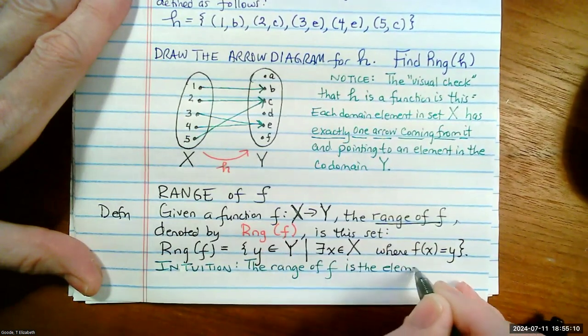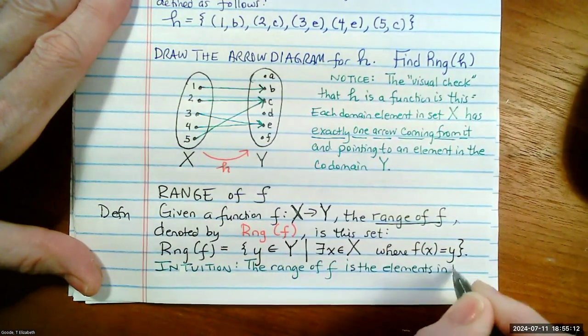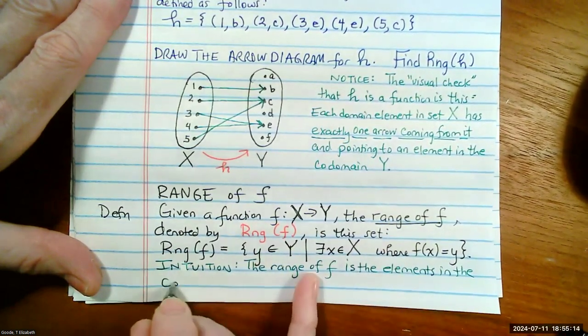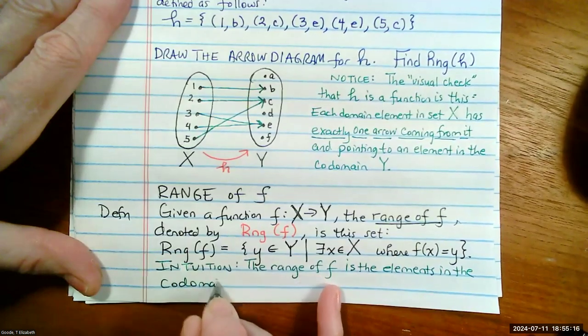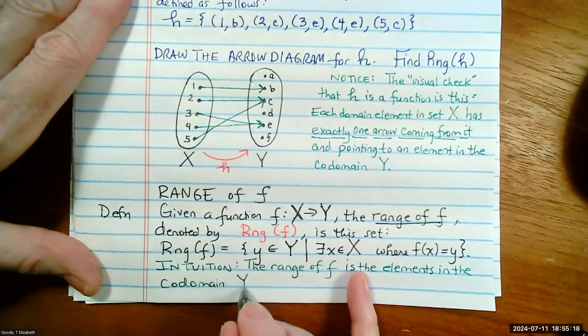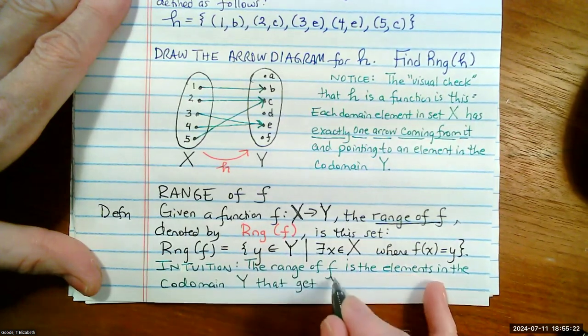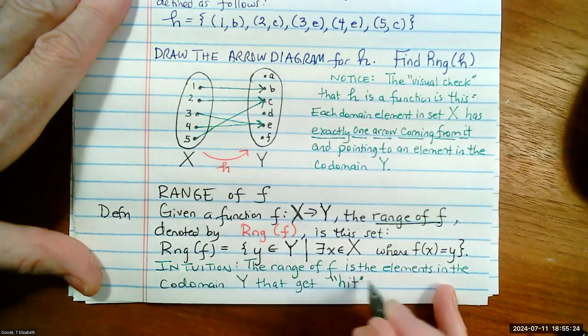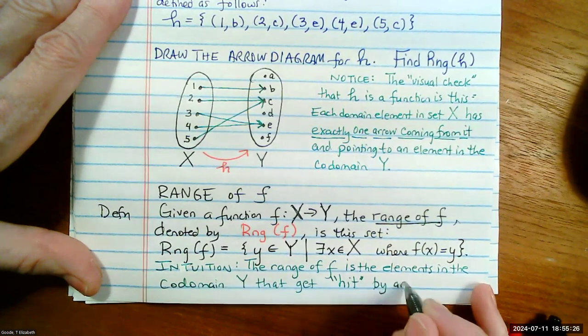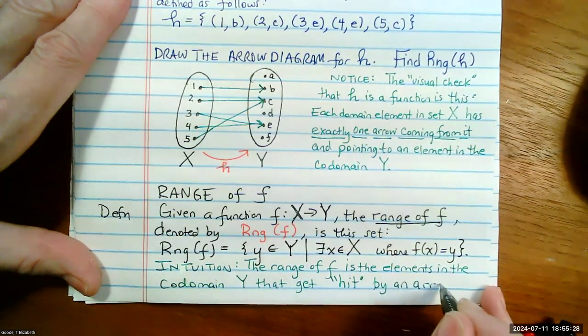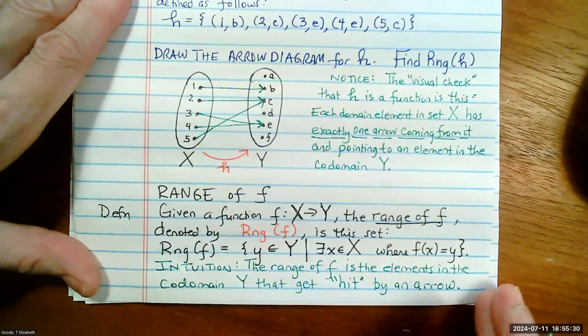The range of f is the elements in the codomain, here it's Y, that get hit by an arrow. These are the images of some domain element, or several elements sometimes.